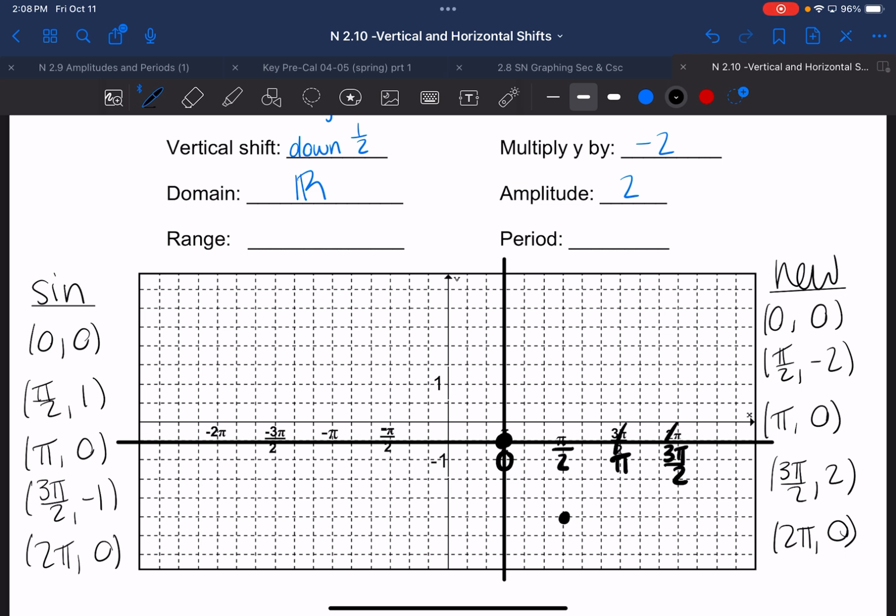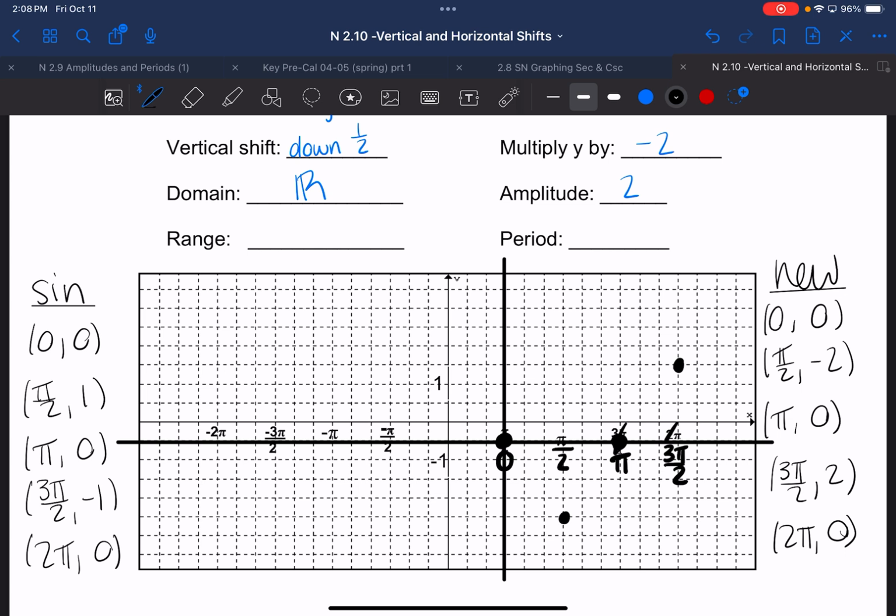All right? Then it says to plot a point at pi, 0. Well, pi is where 3 pi halves used to be. So I go plot a point right here. And then it says we're going to plot a point at 3 pi halves. Well, that's where 2 pi used to be. And you guys said to go down 2 meant to move down 4 lines. So to go up 2 must mean to go up 4 lines.